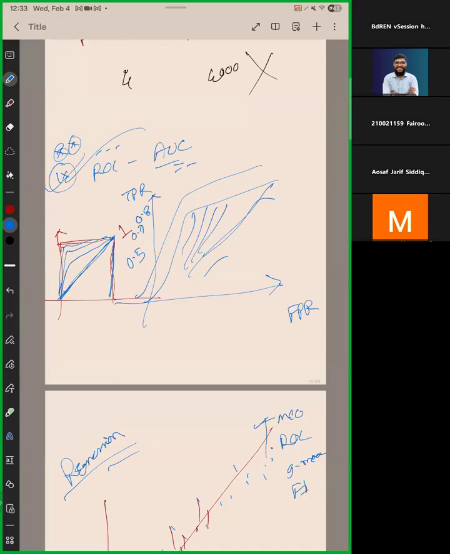It compares the true positive rate with the false positive rate, and how it is making a balance between these two. You do not need more detail; for ROC I would need to take a separate class to explain it well. Any other question?